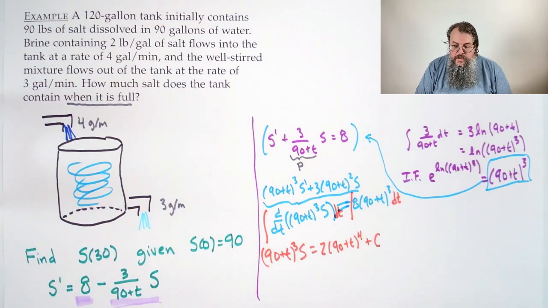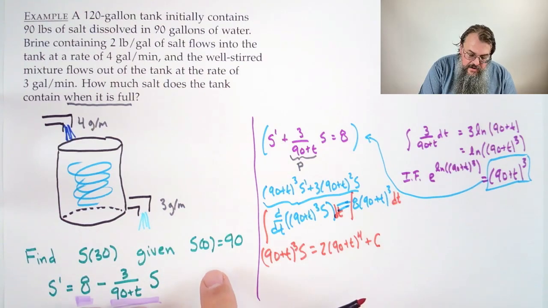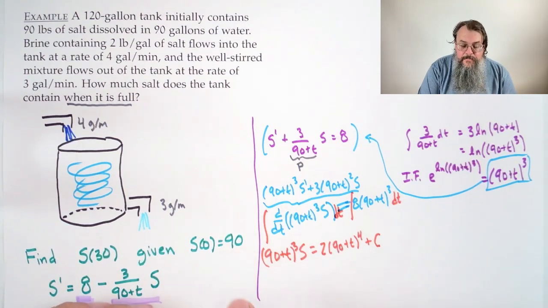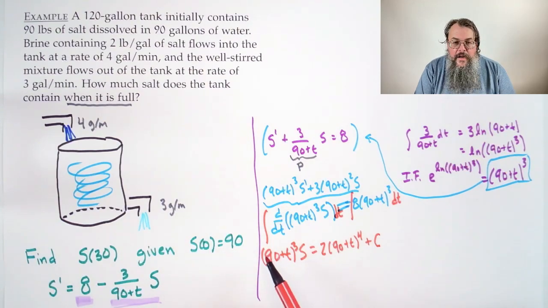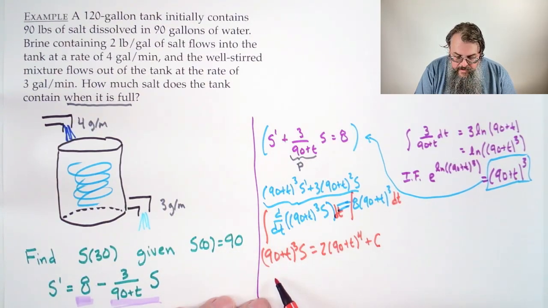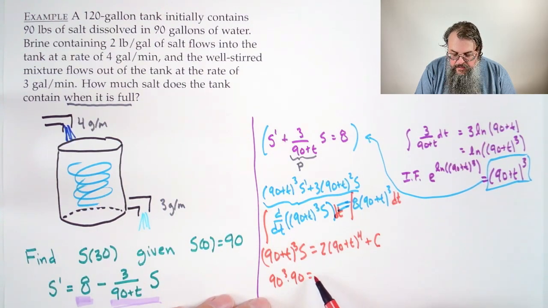Now what we can do is we can solve for our constant here. So we say, look, at time 0, our salt is 90. So we'll get 90 cubed times 90 is equal to 2 times 90 to the fourth plus c.